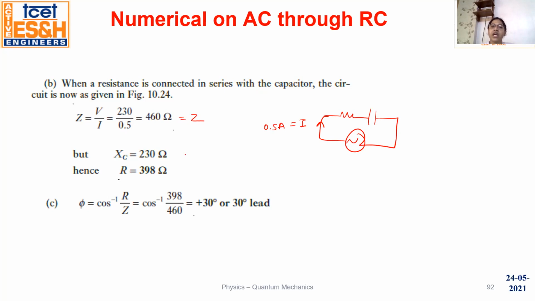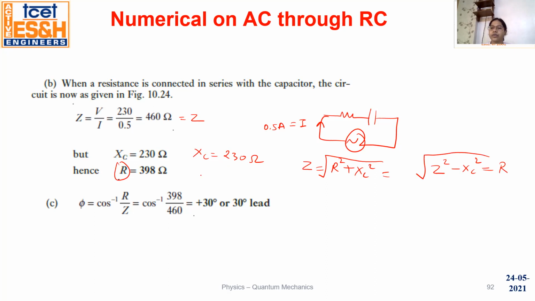This is nothing but the impedance. And we already know Xc is 230 ohm. So by the identity Z is equal to the square root of R square plus Xc square, you will find the value of R. So R is equal to the square root of Z square minus Xc square. You will get R is 398 ohm here.